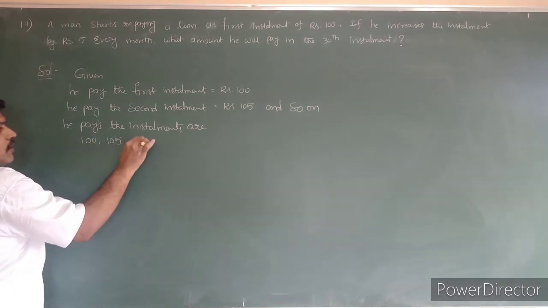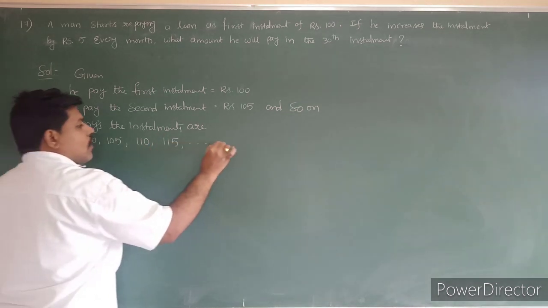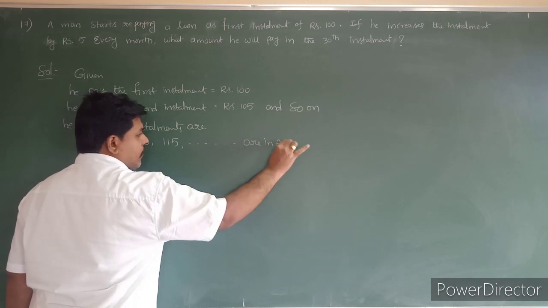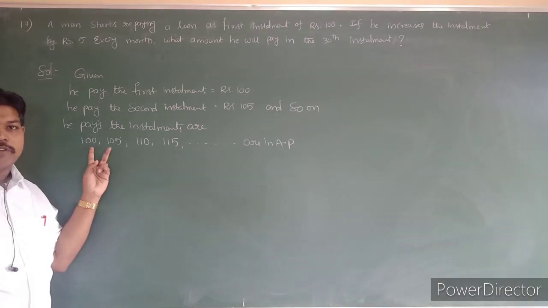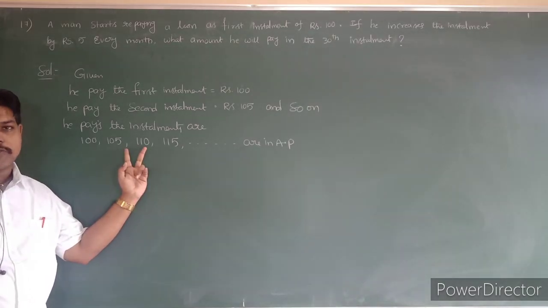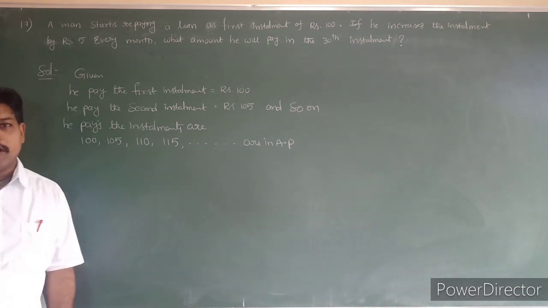Next installment is 110. Next installment is 115, and so on. Or in AP. Why? Because you can observe that the difference between the first two terms is 5. The difference between the third term and the second term is 5. Next is 5. The difference is 5. Automatically it is in arithmetic progression.